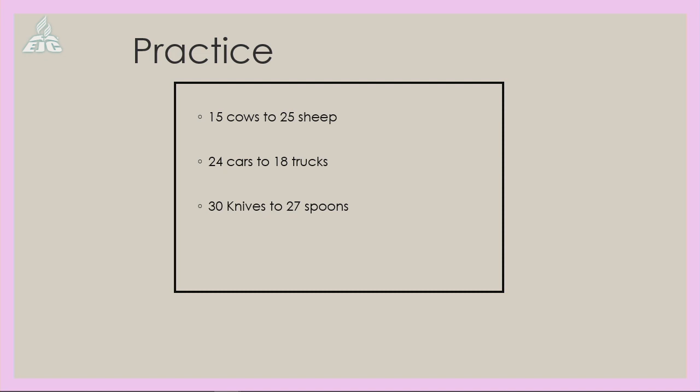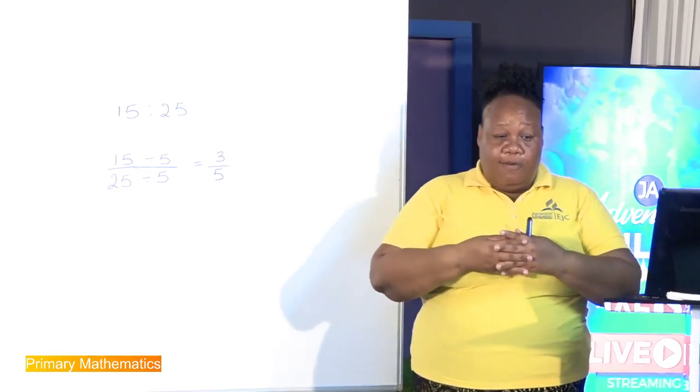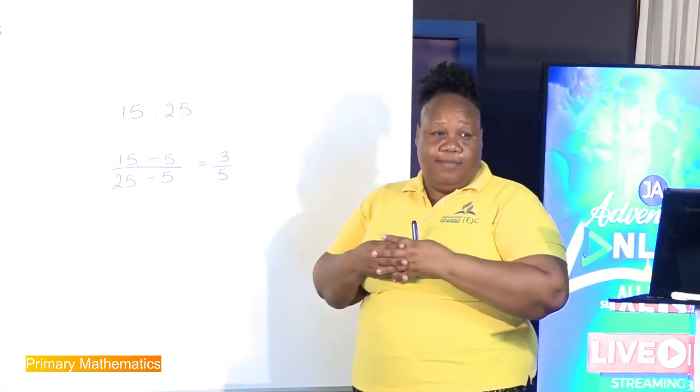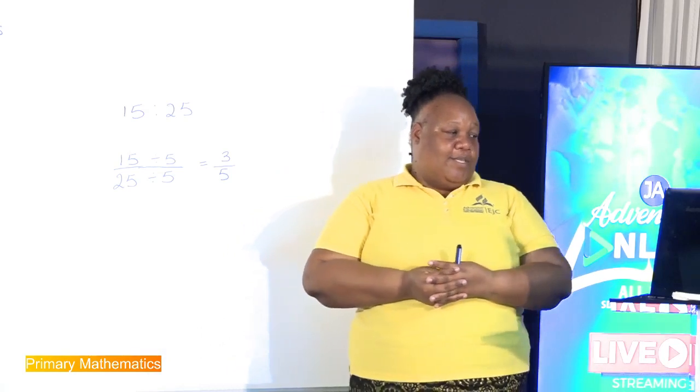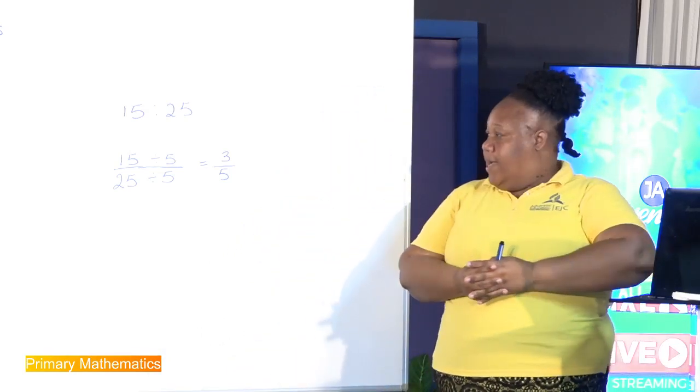After writing your ratio as a fraction, you are going to simplify. In simplifying our fraction, we need to find the HCF, or the greatest common factor. Very good. So we have 24 and 18.